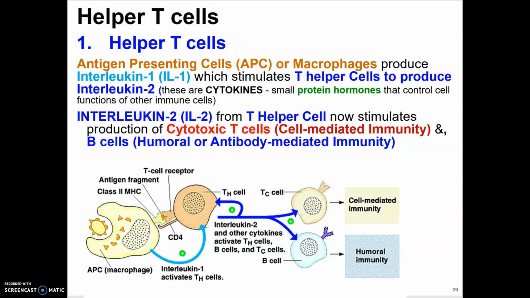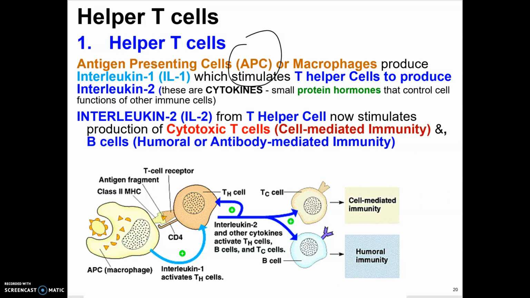Now helper T cells are quite important. What's going to happen, we have our antigen presenting cells, so our APCs. They've come across an antigen, they've decided it's not part of us, so they present it on the surface of their cell using those MHCs that we talked about earlier.